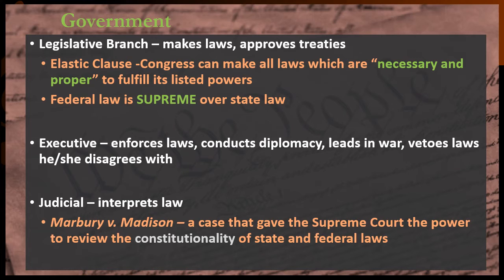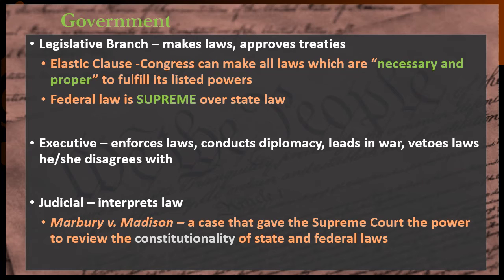This particular case, Marbury versus Madison, is incredibly important. It's so important that you will cover it again next year in your government class. It's the most fundamental case in the Supreme Court's history, because not only will the Supreme Court decide it can review federal laws if they match the Constitution, eventually they will also decide they can review state laws as well.